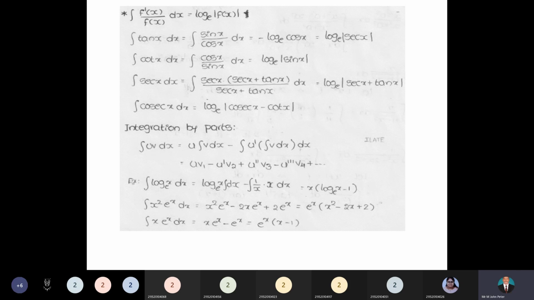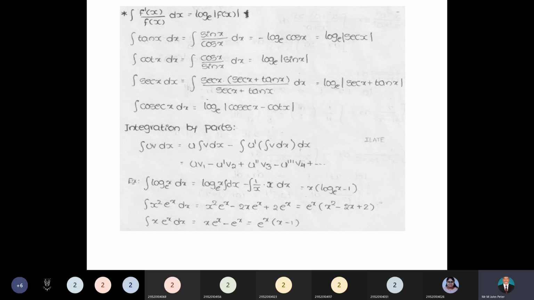Here v1, v2, v3, v4 are integrations: v1 is one time integration, v2 is two times, v3 is three times. Otherwise, v1 is the integral of v, v2 is the integral of v1, v3 is the integral of v2, v4 is the integral of v3. We all know the dash means derivative, so u dash is the first derivative, u double dash is the second derivative, u triple dash is the third derivative.